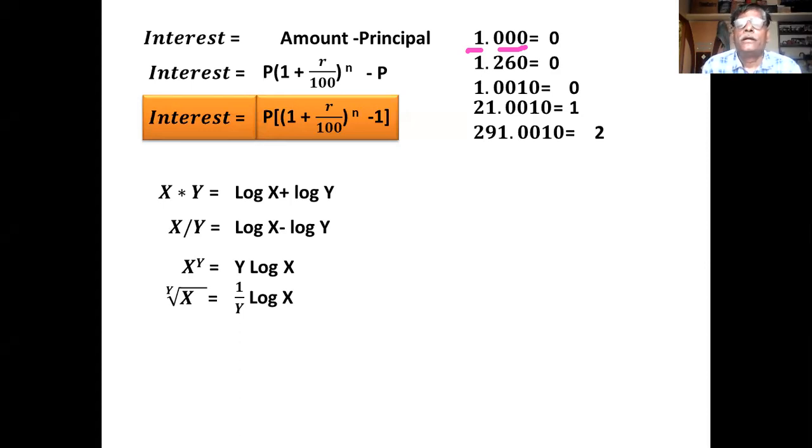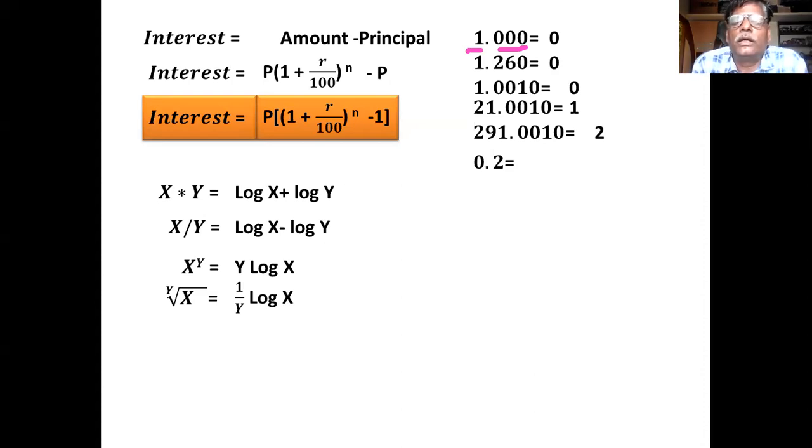Okay. Then if there are no digits before the decimal point, how to find the characteristic?